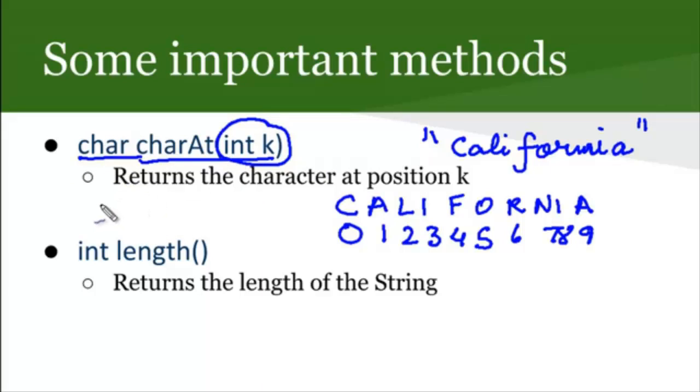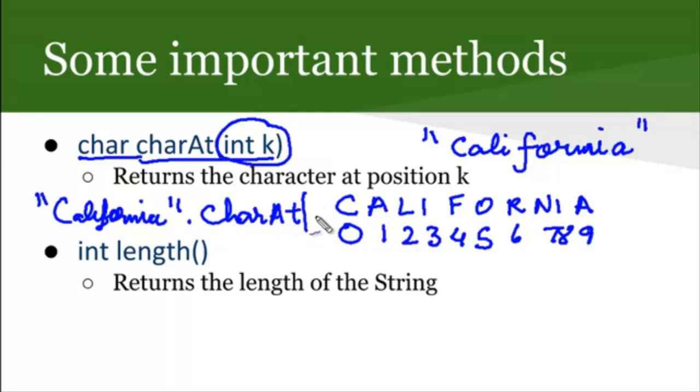Suppose we write our string California dot charAt 6, so it basically returns R. It will return a small r. I have just written everything in caps lock to make things clear, but it will return a small r, and this is how the charAt method works, that it basically returns a character at position k.